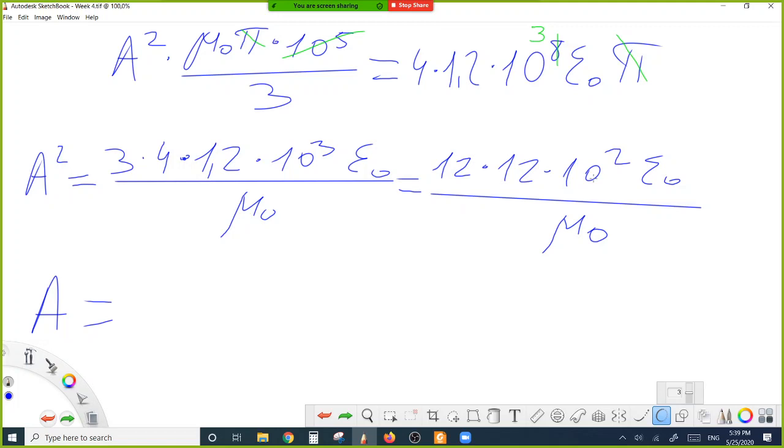If we take the square root, we have 12 multiplied by 10, 120, square root of epsilon 0 by mu 0.